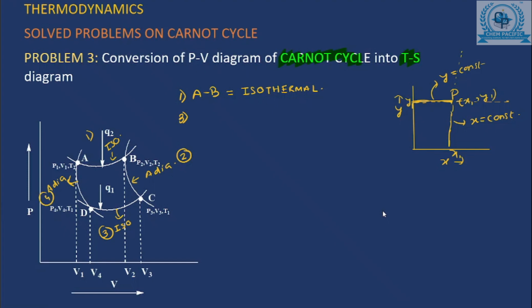So again step number 3, which is C to D step, this step is also isothermal. Okay, now जब isothermal होगा तो आप जानते हो कंडीशन क्या है, isothermal में आपका हो जाता है T constant and dT is equal to 0.